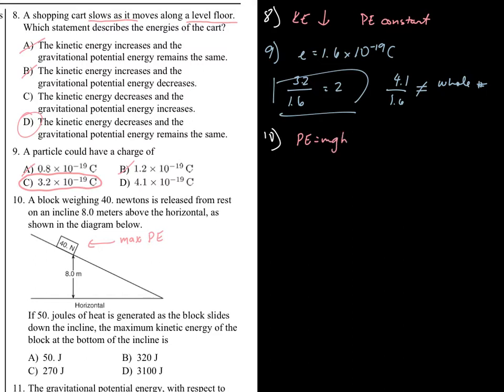So potential energy is equal to mgh. mg is already 40 newtons, and the height is 8 meters, so this is 320 joules to start with. Next, we're going to set this equal to our total energy. So this is all our total energy to start with.